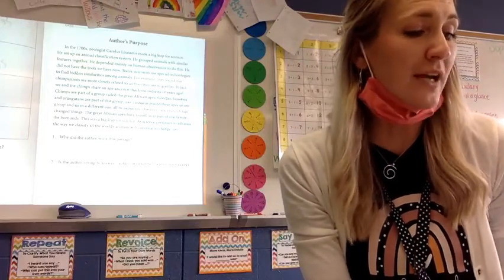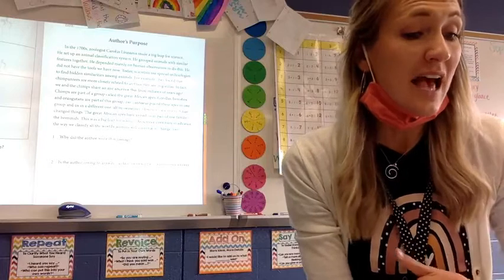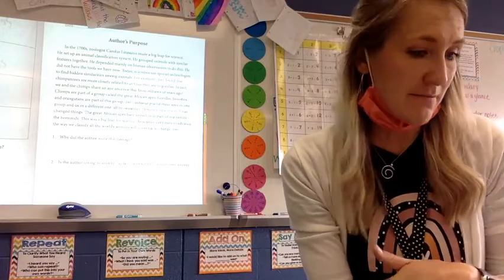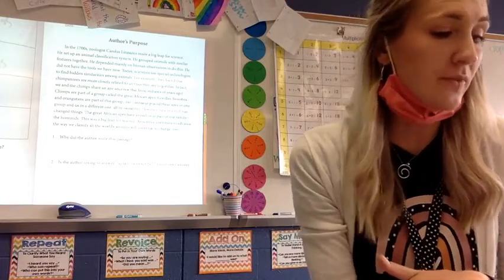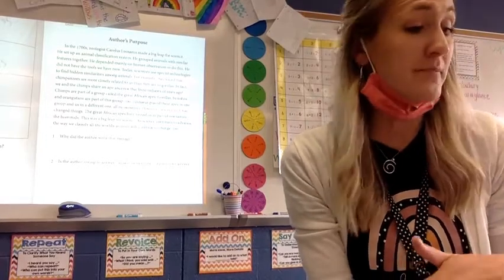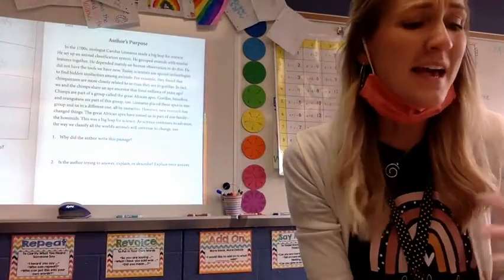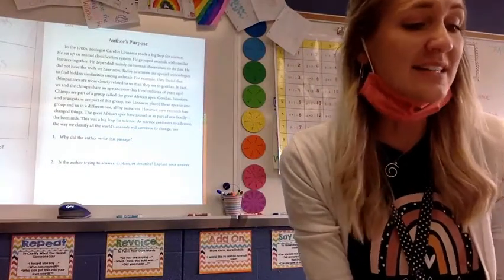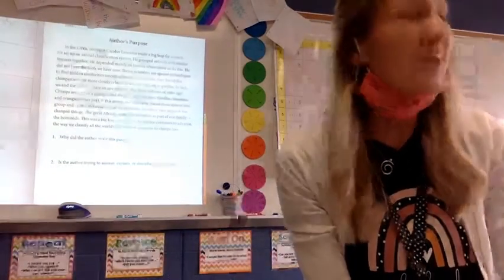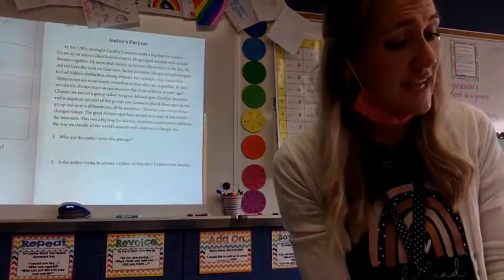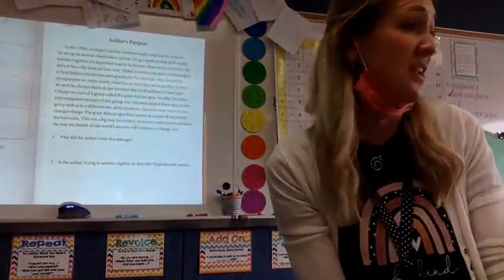The great African apes have joined us as part of one family. I've got to learn these words too. Hominids. This is a big leap for science. As science continues to advance, the way we classify all the world's animals will continue to change too.